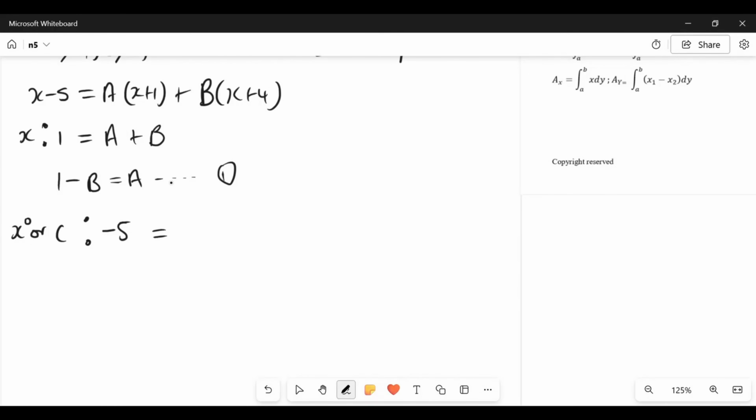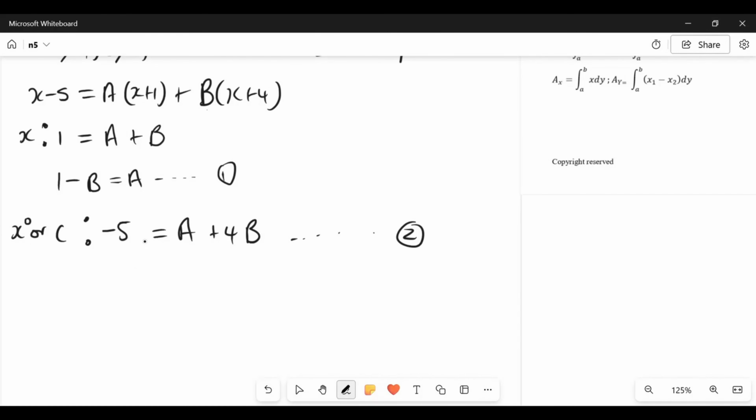And then this is going to be equaling to. On the right hand side, we know that a multiplied by 1 is going to give us 1. So it becomes a constant. So it's going to be a. And then if you multiply here, b multiplied by 4, this here is going to give us plus 4b. There we go. And this here becomes equation 2.